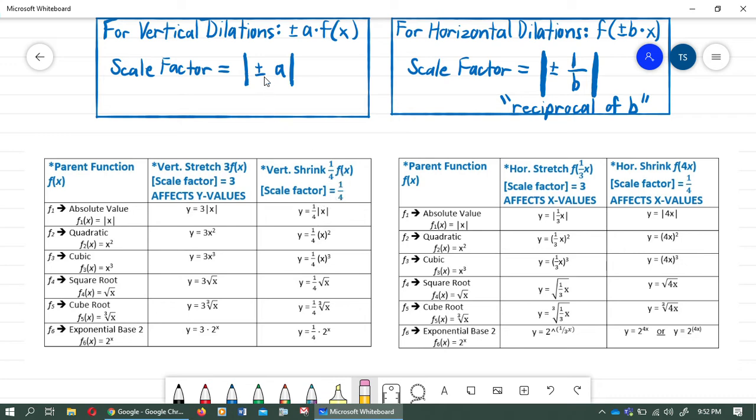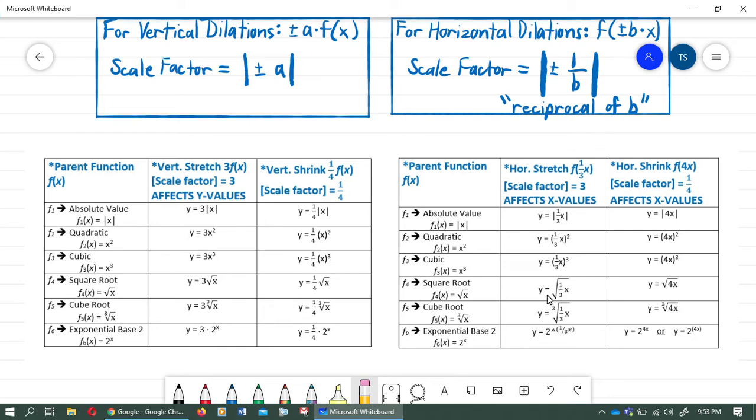Here I've just got positive 1/4. The same thing with the 3 here. It could be positive 3 or negative 3. I just put it as a positive here. But anyway, the scale factor would be 1/4 for the vertical shrink, and the scale factor would be 3 for the vertical stretch. Okay, that's the vertical dilations.